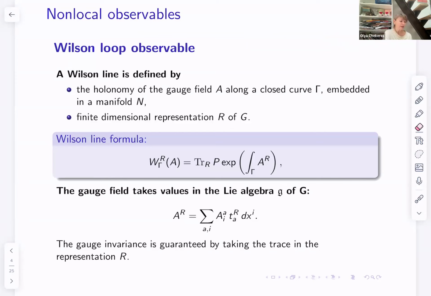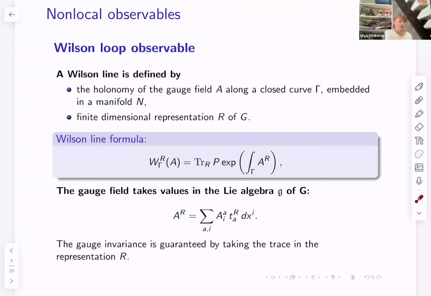If we replace the connection with the Hamiltonian, and the representation with a Hilbert space, we get the partition function, and here the path-ordered exponential stands for the time evolution operator.